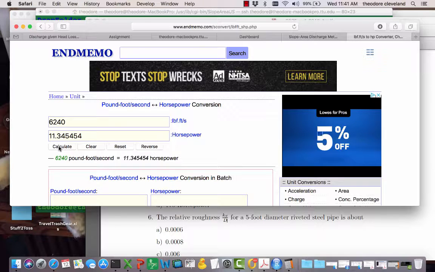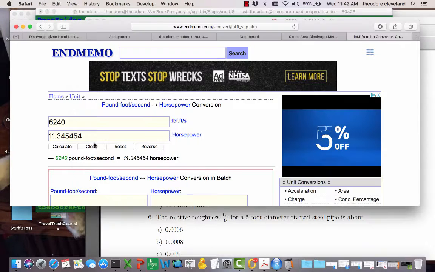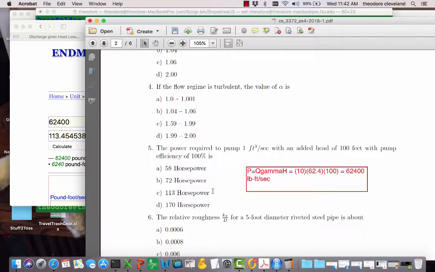When we tell it to convert, it's 11.3, and so this particular problem has none of the answers correct. However, if the problem is stated as 10, which was the intent, 62,400, in that case we calculate and we get 113, which would have been the intent. So the correct answer for this problem is there is no correct answer.